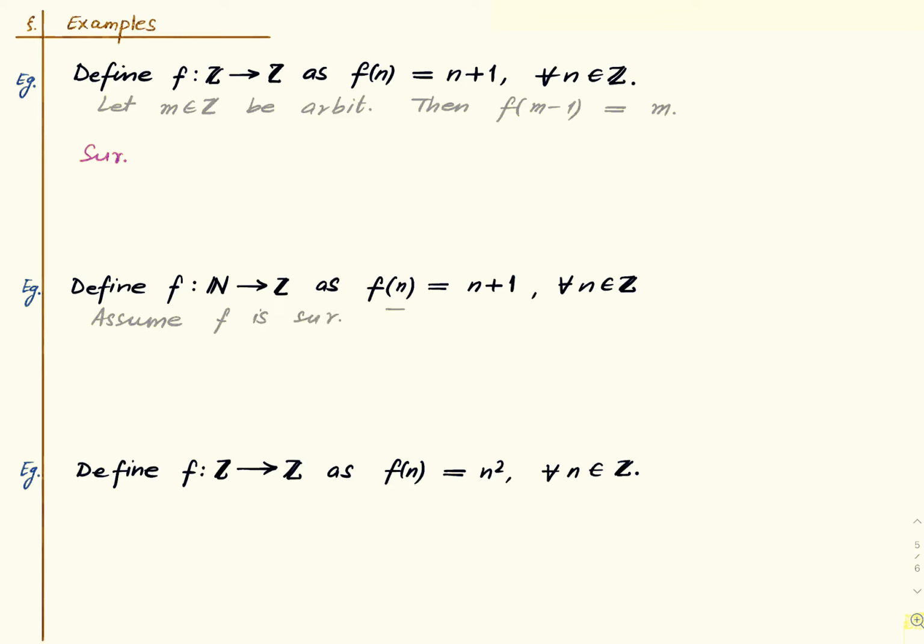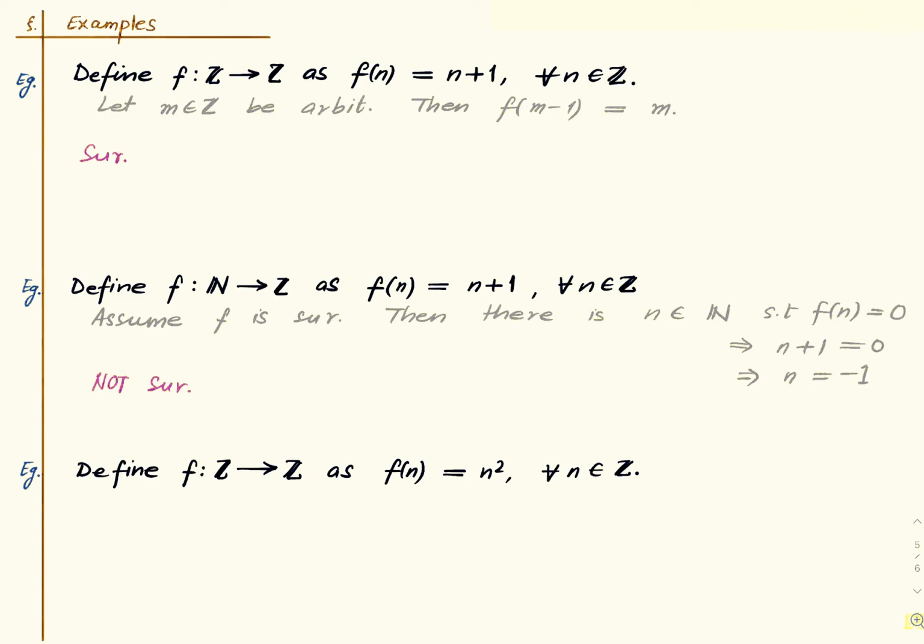Then there exists something in the domain such that its image is 0, because 0 is in the target, which implies n plus 1 is 0, which implies n equals minus 1, but minus 1 is not in the domain, right? Minus 1 is not in the set of natural numbers. That's a contradiction that we just arrived at, and hence the function f is not surjective.